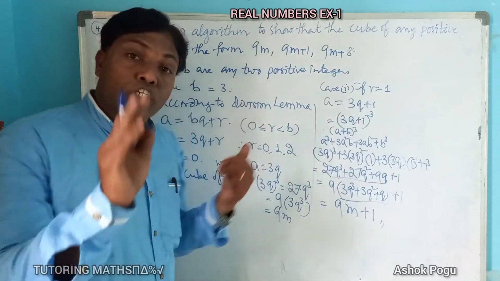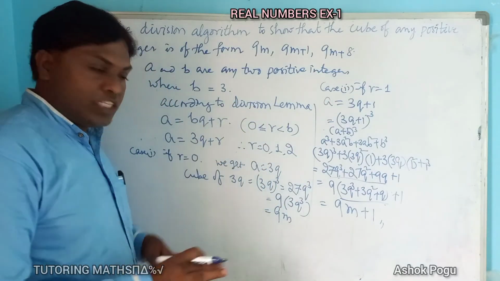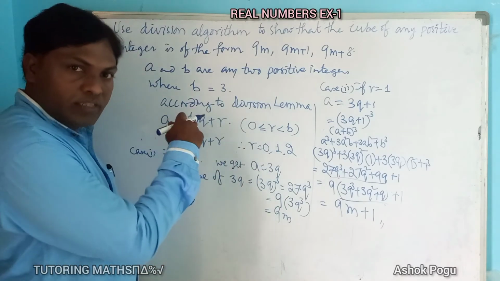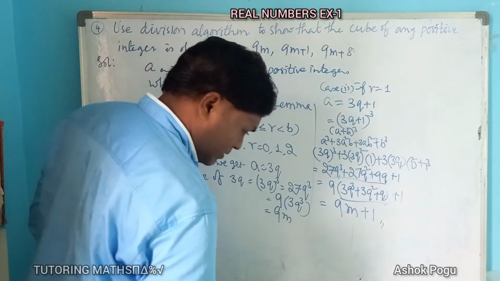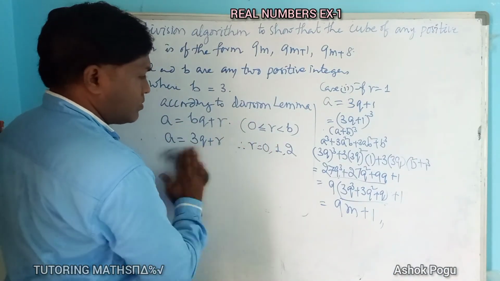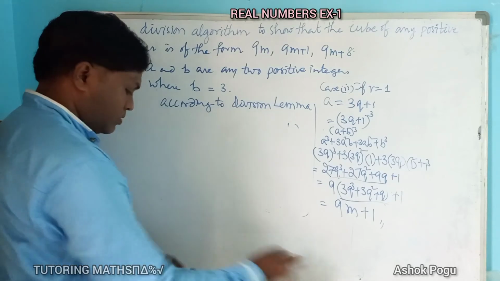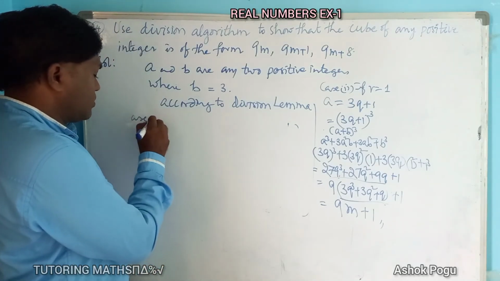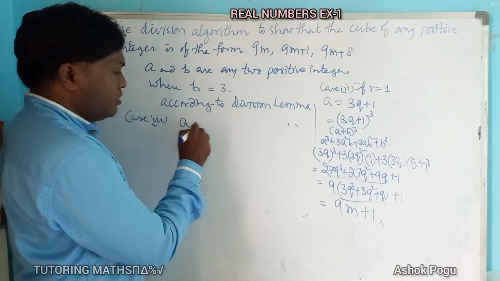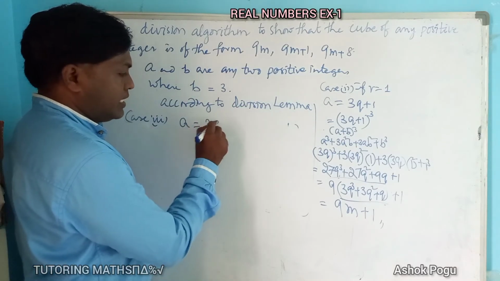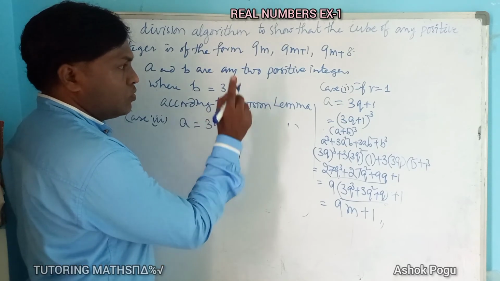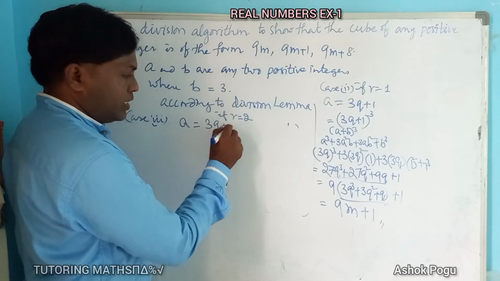Let us go to the third case. Observe the third case properly. Once you copy all this, then immediately go to the third case, that is a equals bq plus r, that is 3q plus r. But what is r? If r is equal to the last value, that is 2.